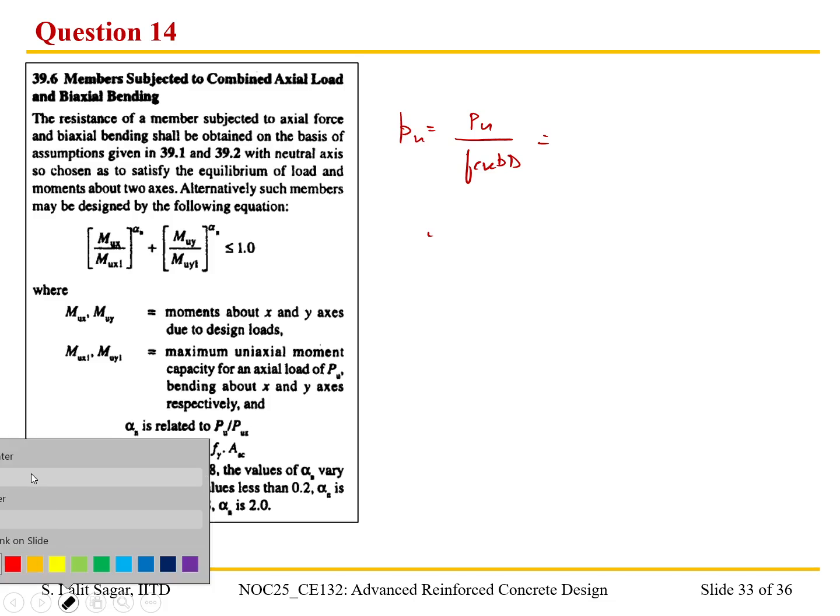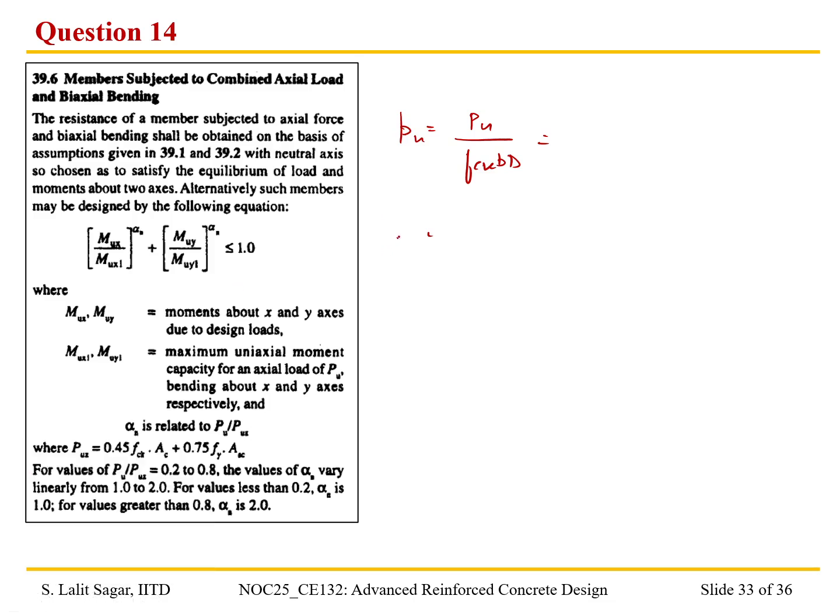So P by FCK, that is 0.04, right? So this will be 0.25, 1500 by 30 by 400 by 500, that is 0.25.